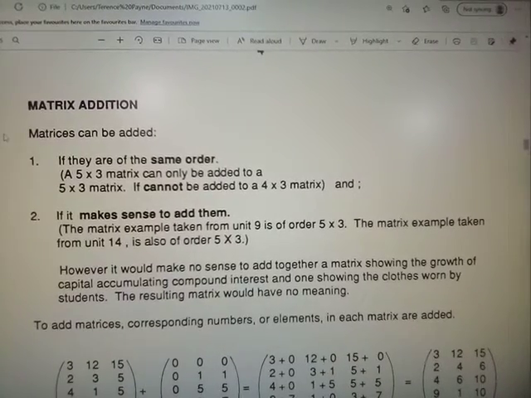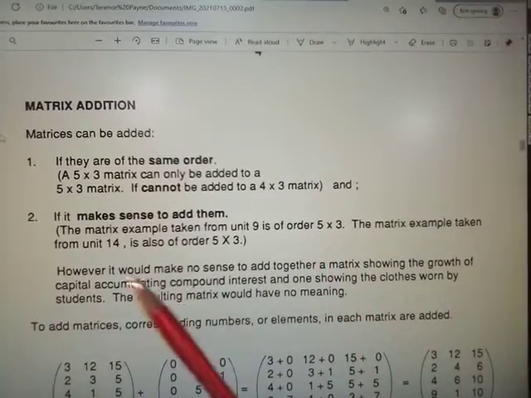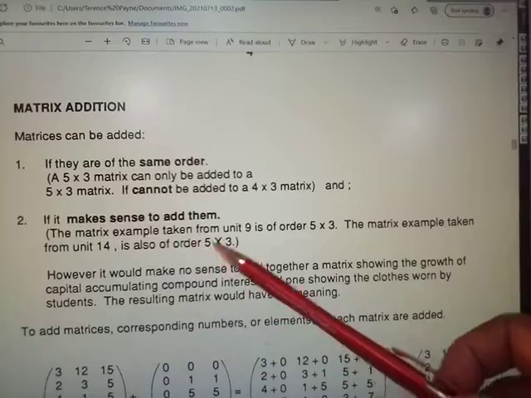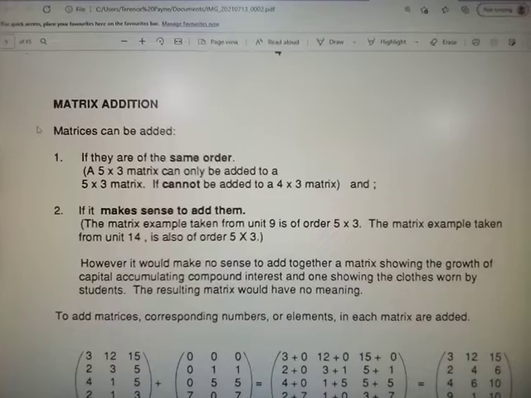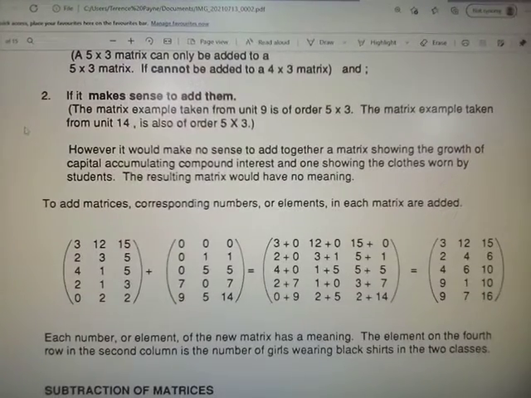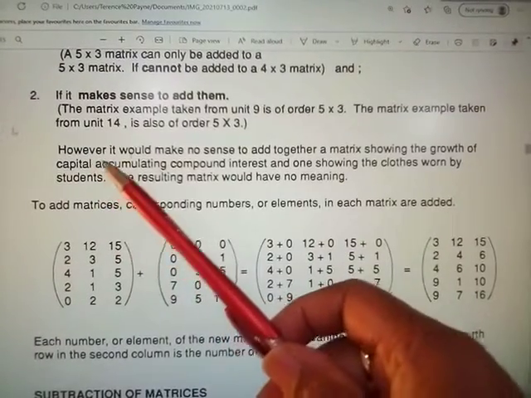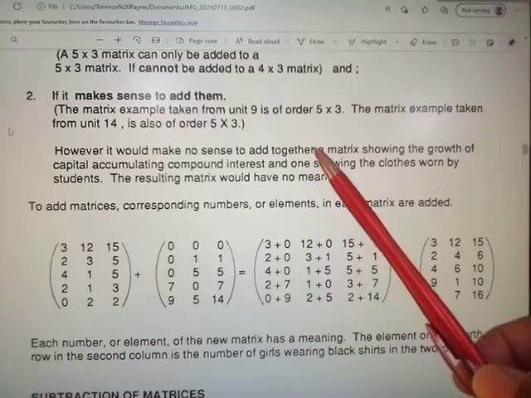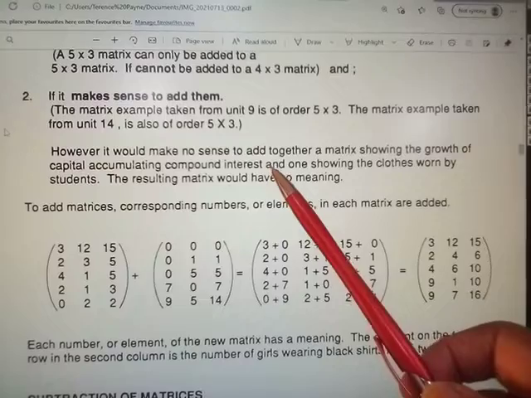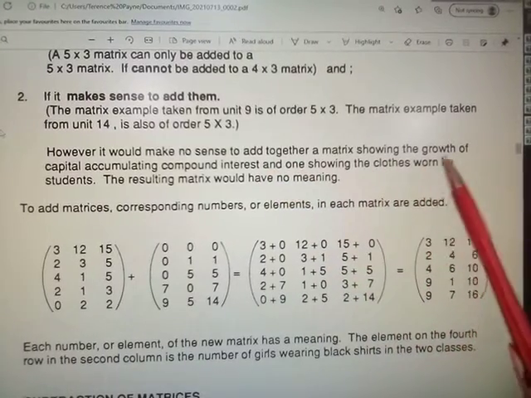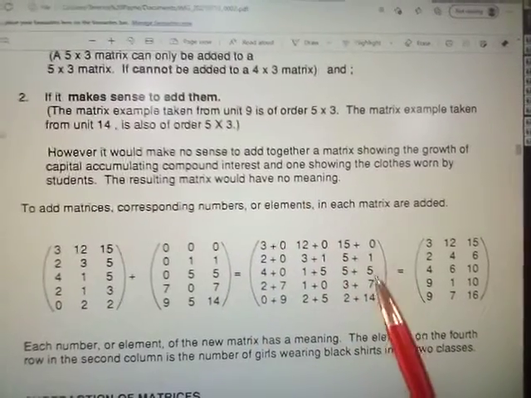The matrix example taken from unit 14 is also of order 5 by 3. However, it would make no sense to add together a matrix showing the growth of capital accumulating compound interest and one showing the clothes worn by students. The resulting matrix would have no meaning. Okay?